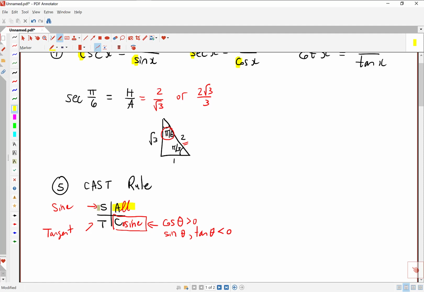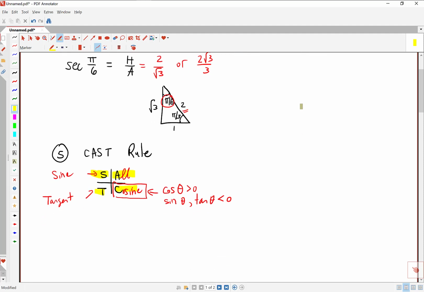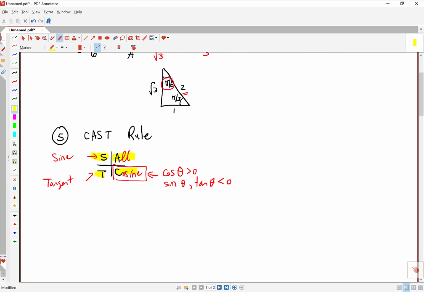In the second quadrant, sine is positive, but cos and tan are negative, etc. In the 3rd and 4th quadrants, one of them will be positive and the other 2 will be negative. The way that helps us is if someone says to you, okay, I want to figure out the positive or negative sign of, say, cos of 210 degrees.